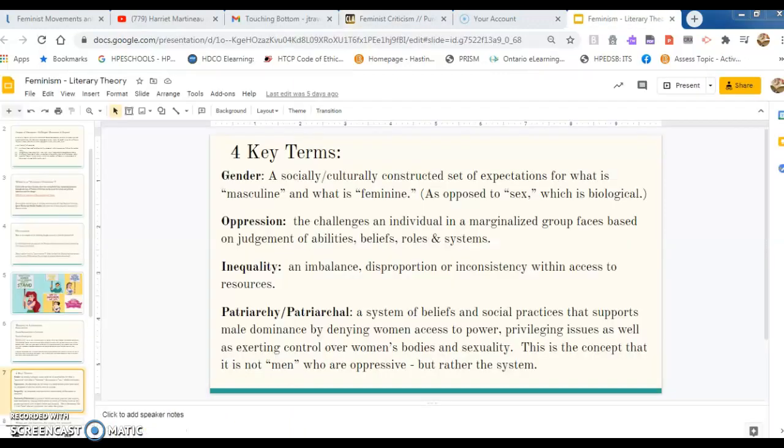So when we look at issues or literature from a feminist perspective, these are 4 key terms that are really important to be able to evaluate what are some of the key issues within that particular situation: gender, oppression, inequality, and patriarchy. These will guide your literary analysis.